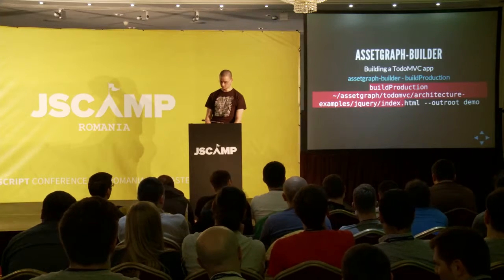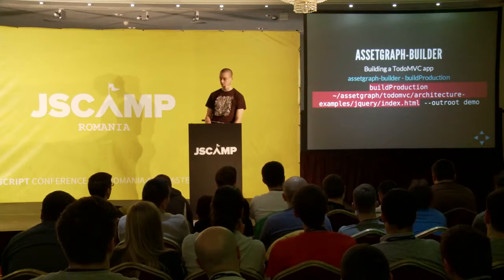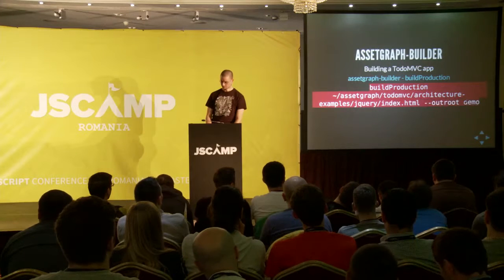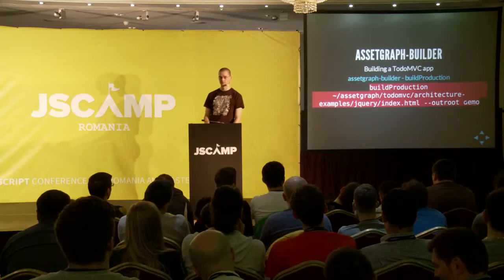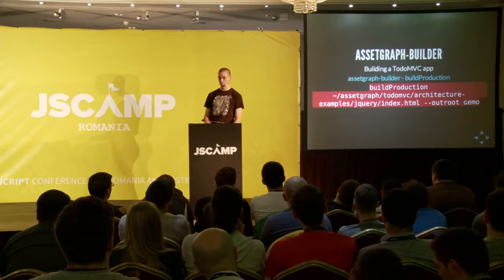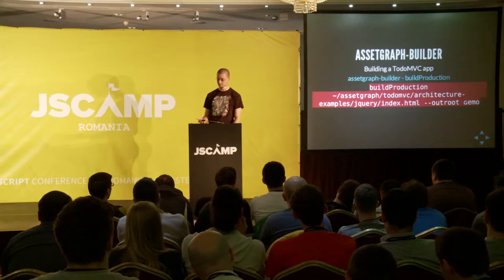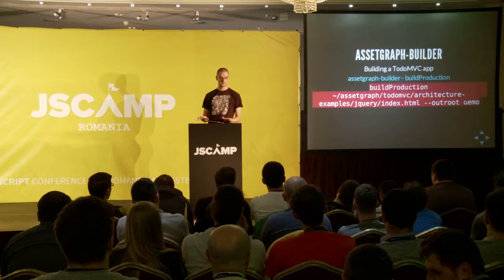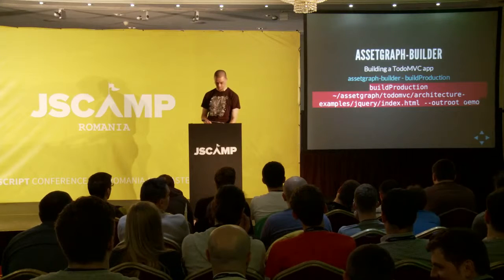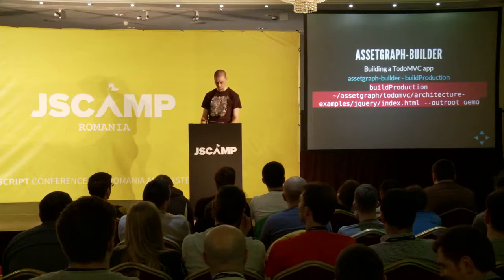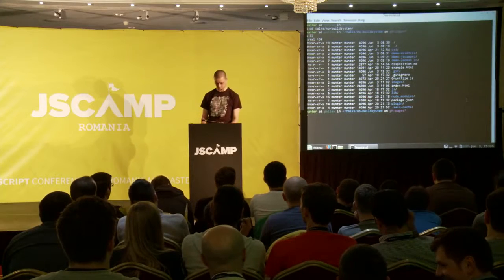This is the root to the index file of the jQuery to-do MVC application. And this is me telling AssetGraph Builder where to output the build files. This is all the configuration that you need. There is nothing more that you actually need to do. I find that quite amazing.